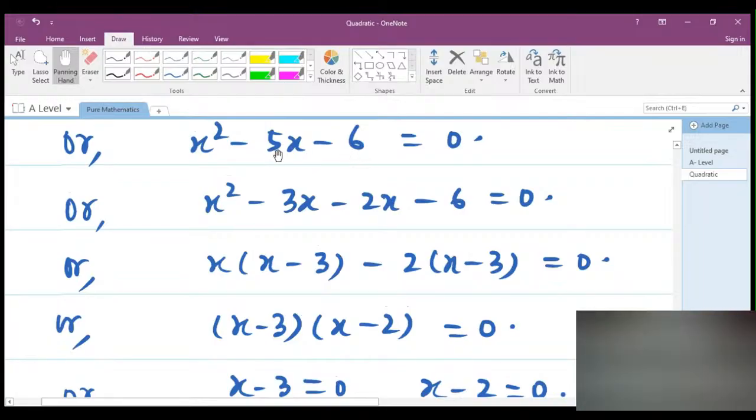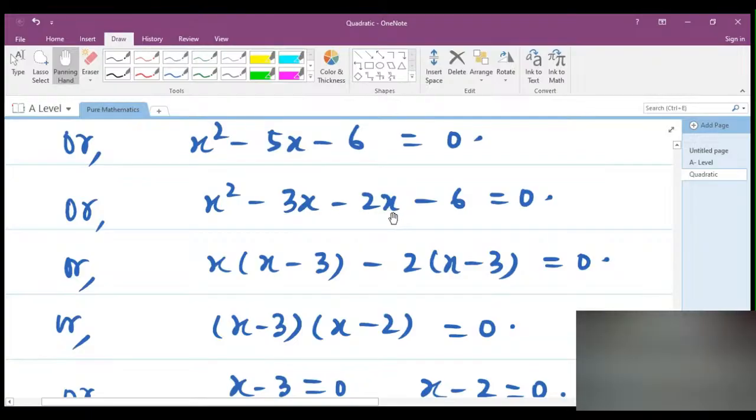We break minus 5x in such a way that addition or subtraction will be minus 5, and multiplication will be minus 6. So here will be x square minus 3x minus 2x. So addition here will be minus 5x, and multiplication here will be 6.